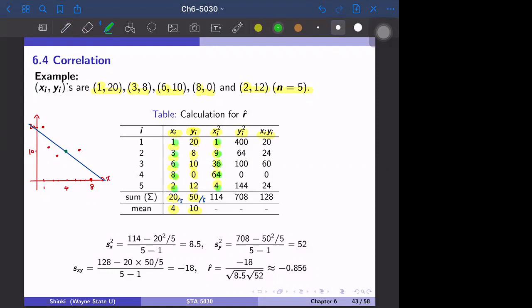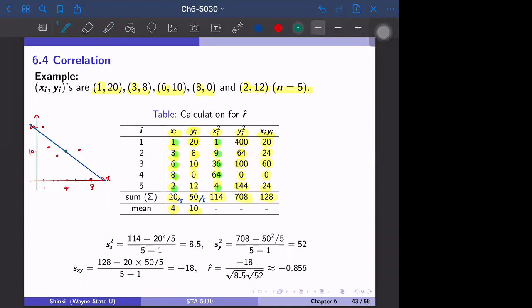For y, we get 400, 64, 100, 0 squared is 0, and 12 squared is 144. And x_i y_i is 1 times 20, so 20, 3 times 8 is 24, 6 times 10 is 60, and so on. Then we can take the summation.